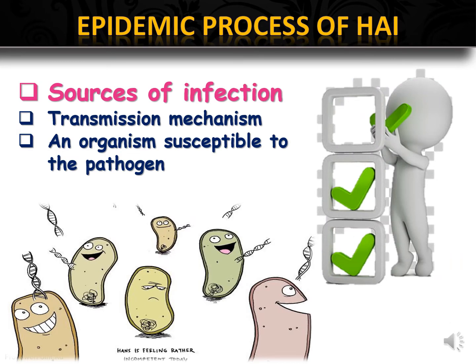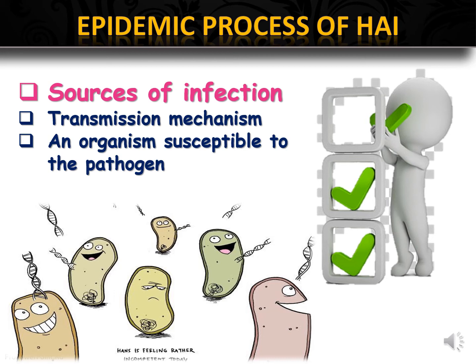So you see that the epidemic process of health care associated infection is characterized by three positions. The first position is associated with sources of infection. The next position is the transmission mechanism, and the latter position is an organism susceptible to the different pathogens.